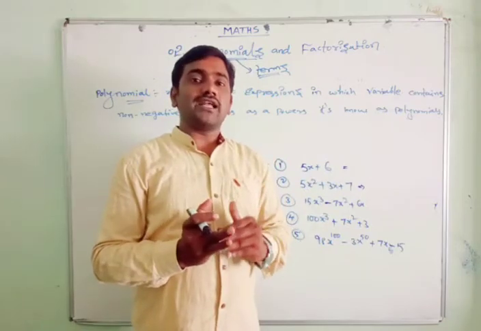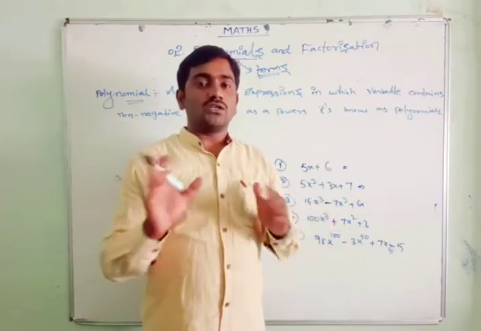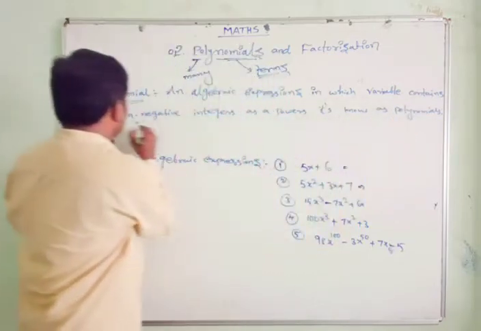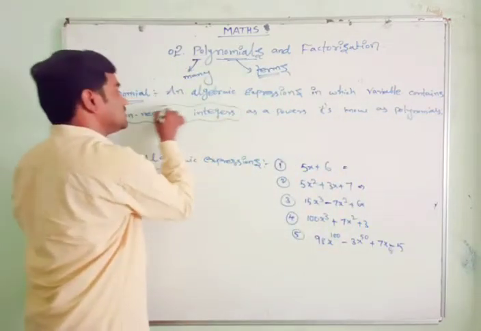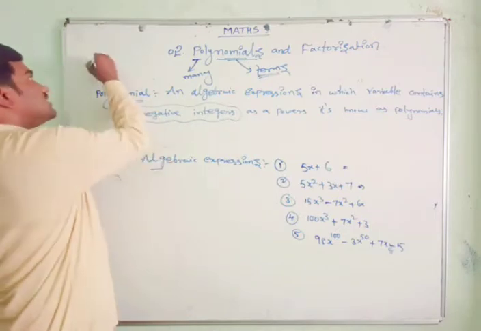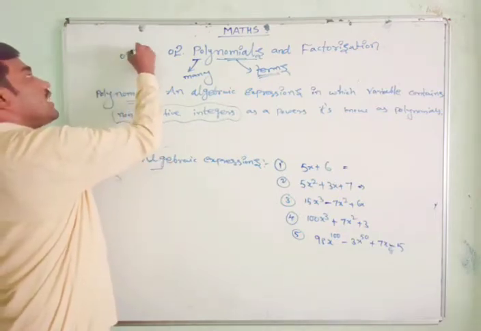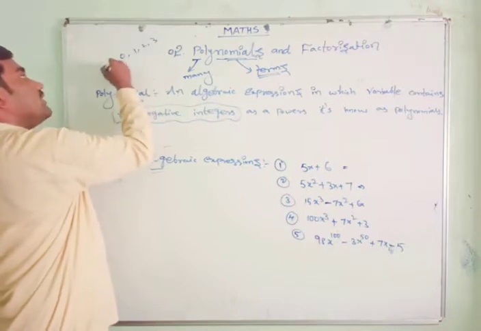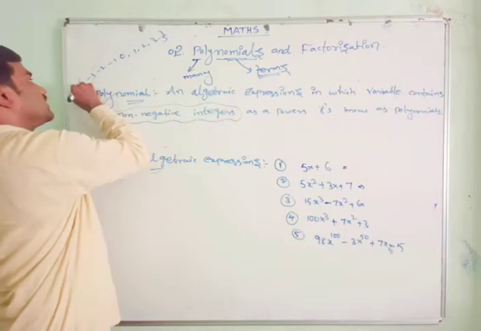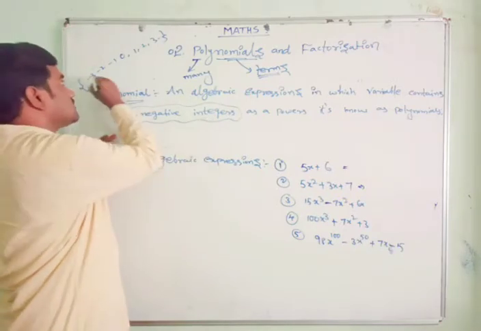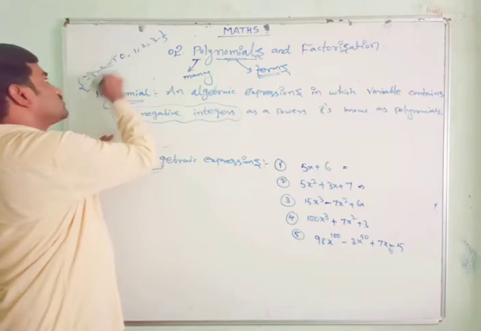Otherwise, they are not considered polynomials. So here we must know that the variable should contain only non-negative integers. What is the meaning of integers? Integers contain 0, positive values and negative values. The set of these positive values, negative values and 0 is known as the integers. But here non-negative integers means negative integers should not be there.